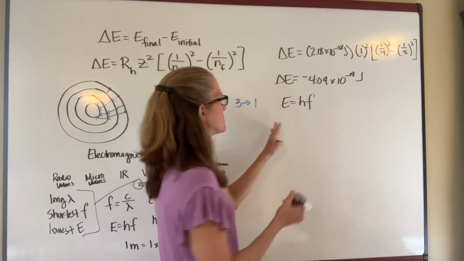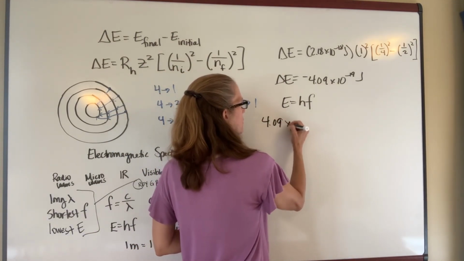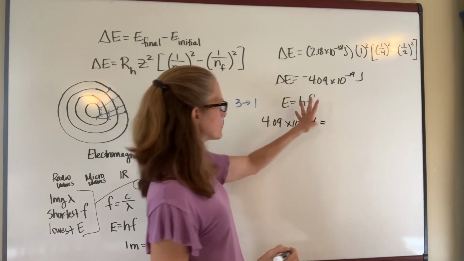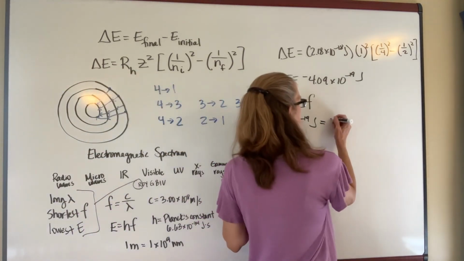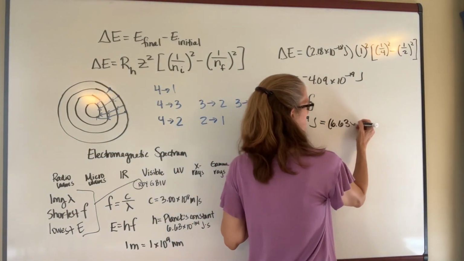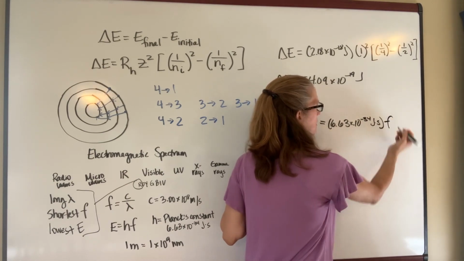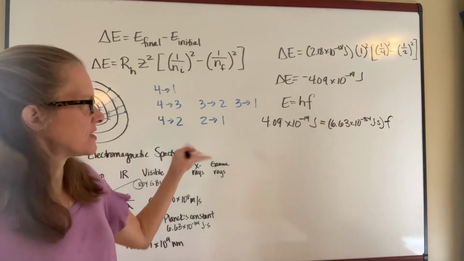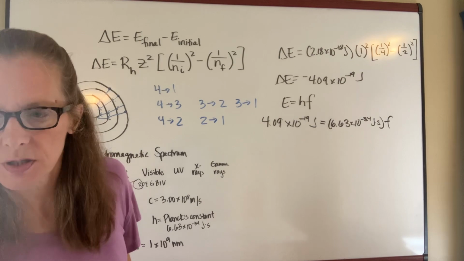So when I plug it into this equation, it is now going to be positive. 4.09 times 10 to the minus 19th joules equals, remember that h is Planck's constant, so this is 6.63 times 10 to the minus 34th joule seconds times the frequency. And just a simple division problem here.